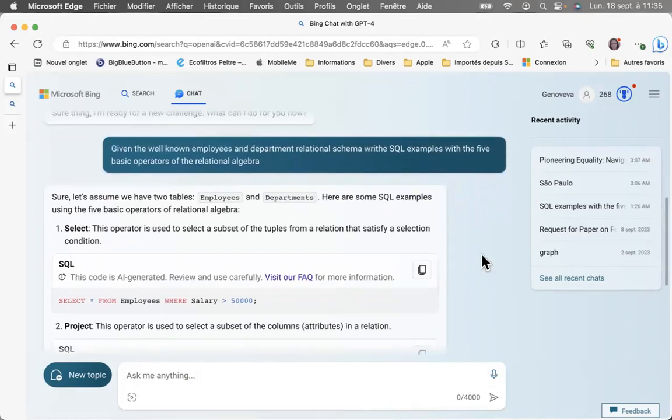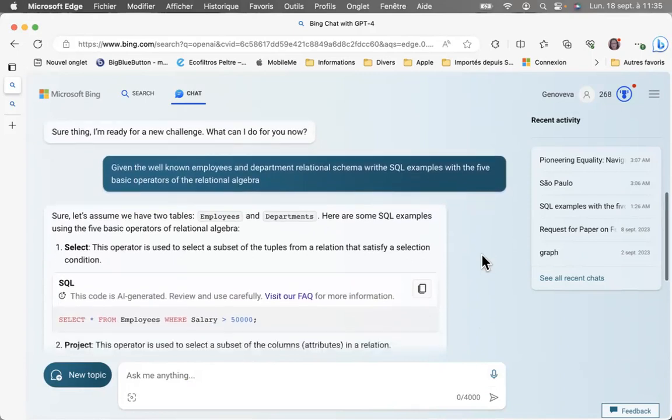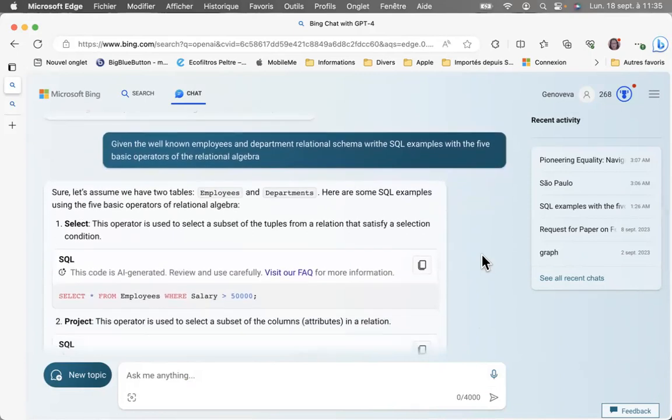So let's have a look at my question. I asked it to consider a relational schema, the kind that I have described for the hospitals, but I chose a simpler one so that I could explain in a simplified manner.